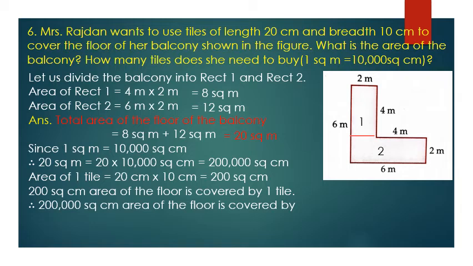Therefore, 2 lakh square centimeter area of the floor is covered by 2 lakh divided by 200, that is equal to 1000 tiles. So, Mrs. Razdan will have to buy 1000 tiles.